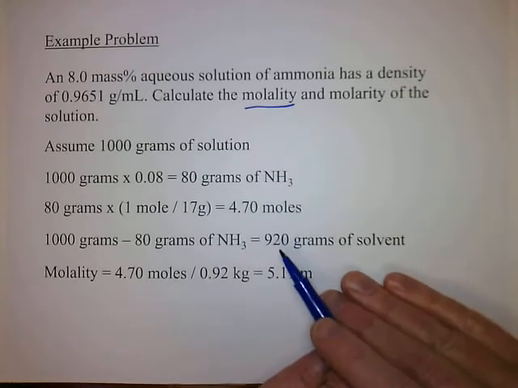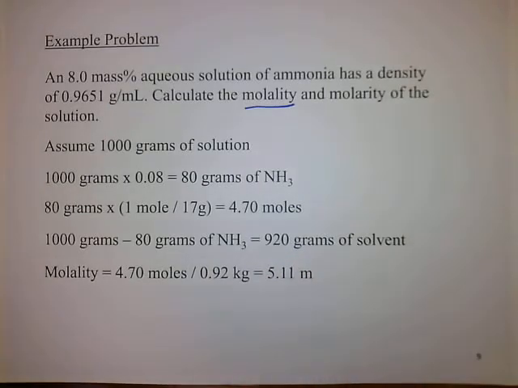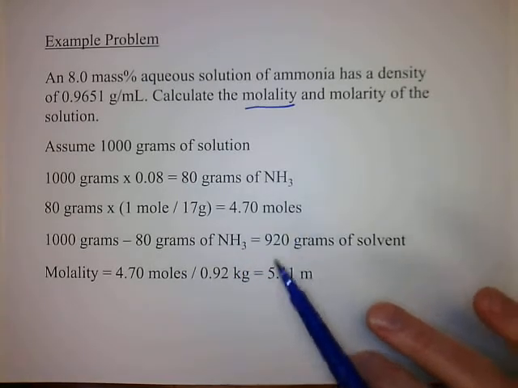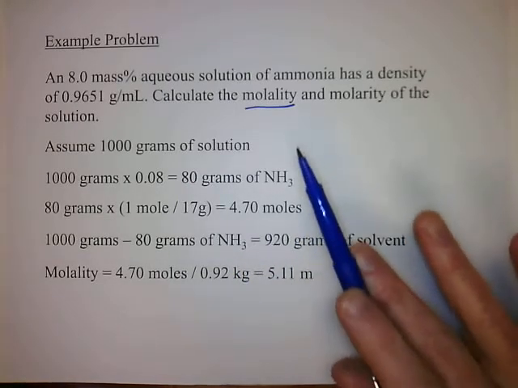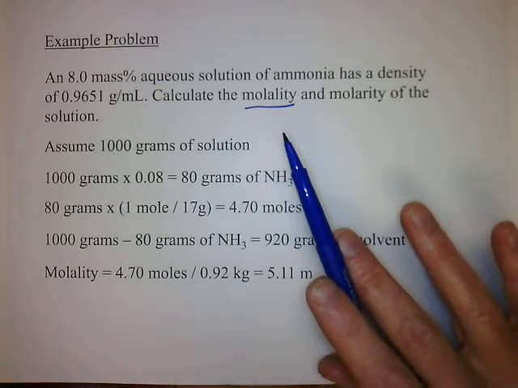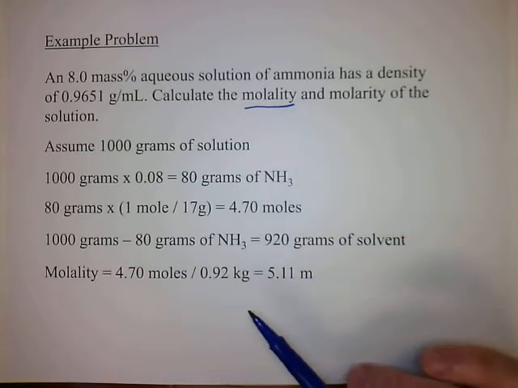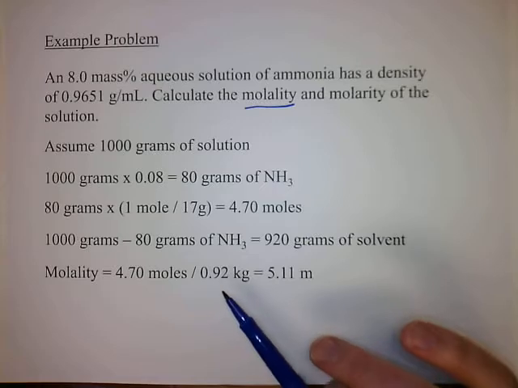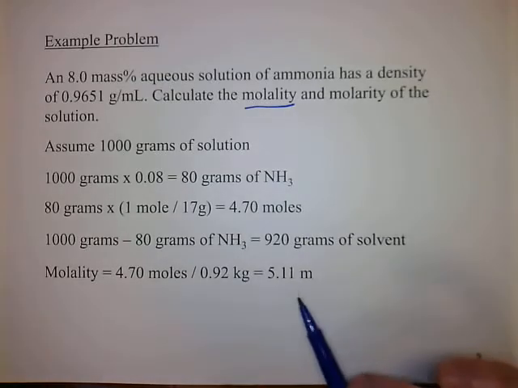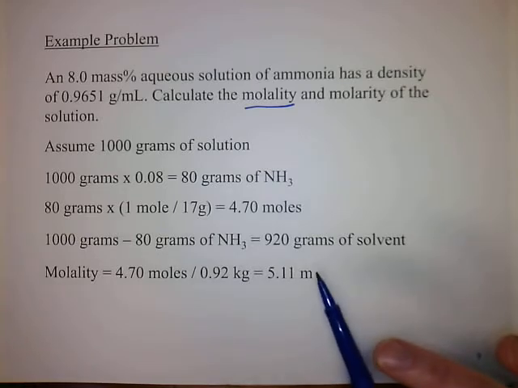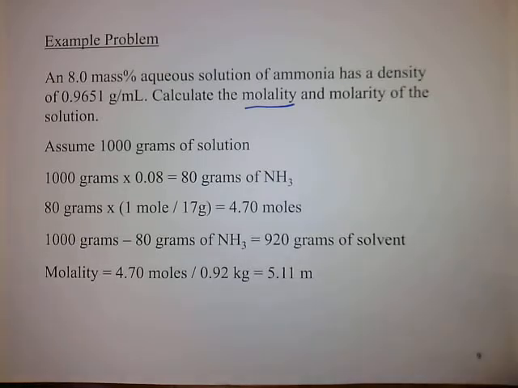Well, 920 grams is 0.92 kilograms, right? One more time, molality is moles of solute per kilogram of solvent. So we take our 4.7 moles divided by 0.92 kilograms, and you get 5.11 molal. So our solution is 5.11 molal.